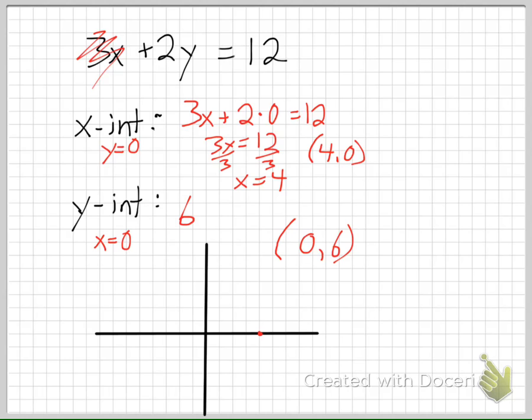So I have that point. And I have (0, 6), so I'm going left or right none, and up 1, 2, 3, 4, 5, 6. Those are my x and y intercepts, which means my line looks like that.